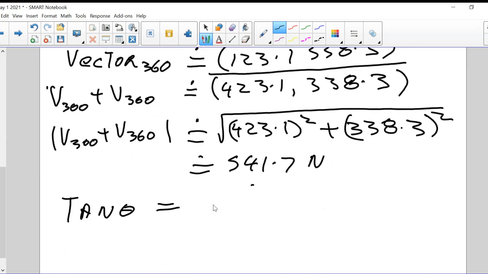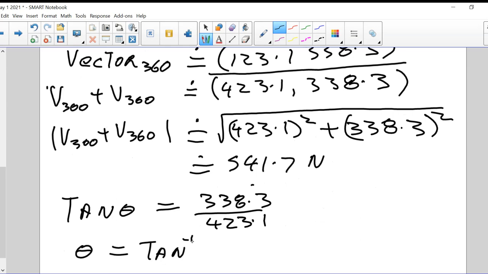So the y component here was the 338.3 over the x component, which is the 423.1. So theta should be equal to tan to the minus 1 of 338.3 over 423.1.